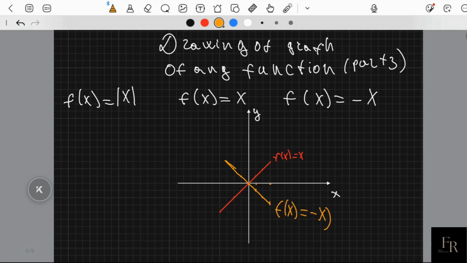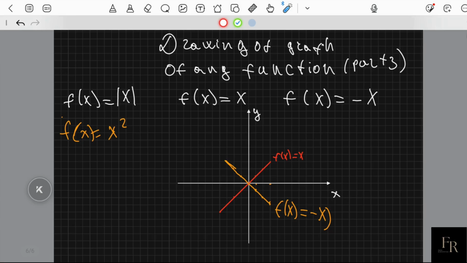So the question is left: what is then the graph of the function absolute x? In this graph, like in the previous lesson with f(x) = x squared, the graph is located only in the first and second quadrants, because it doesn't matter what value x gets, the y is always positive.